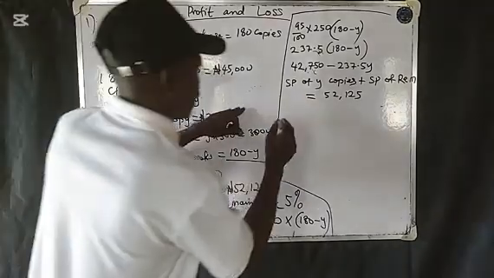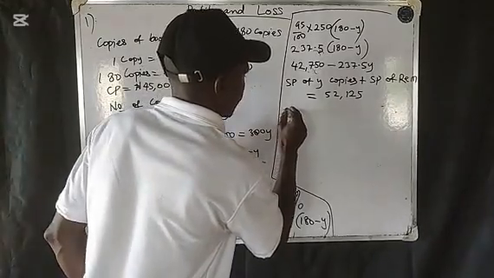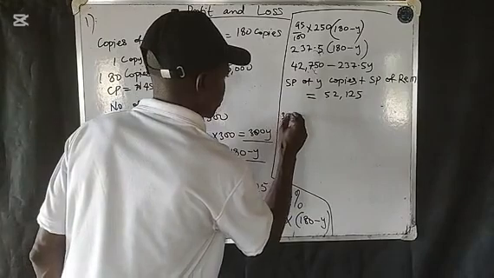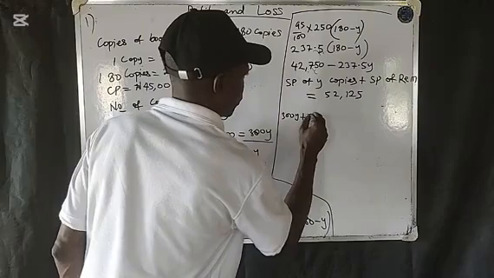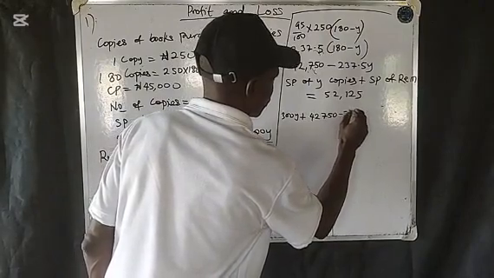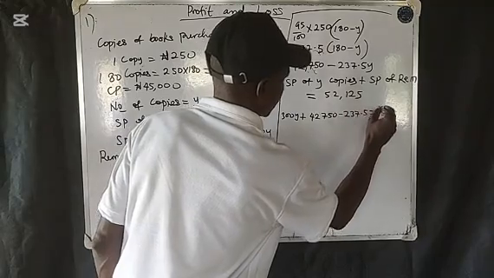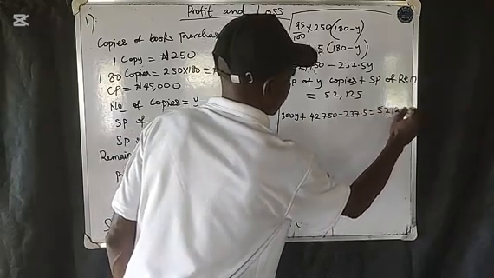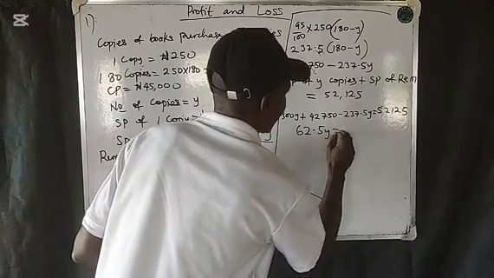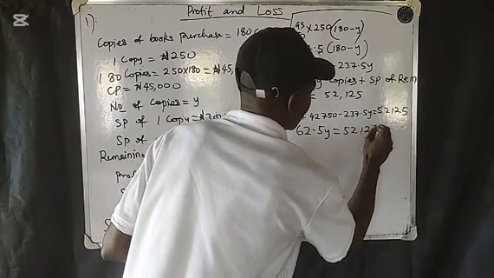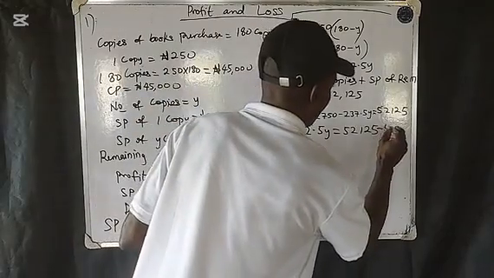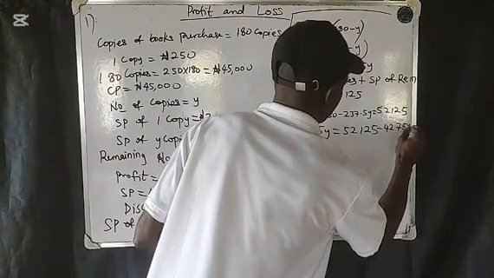Let's write this value first. The selling price of y copies is 300y plus 42,750 minus 237.5y equals 52,125. So 62.5y equals 52,125 minus 42,750.